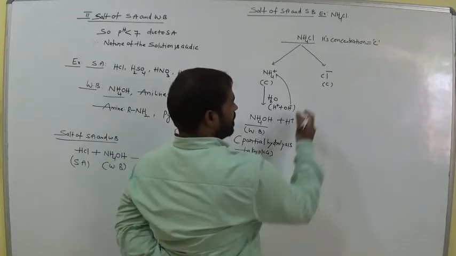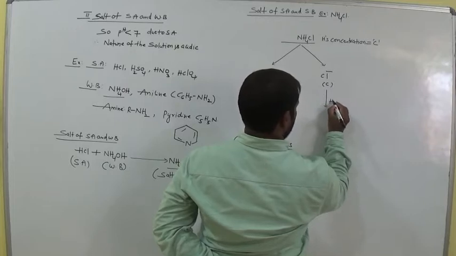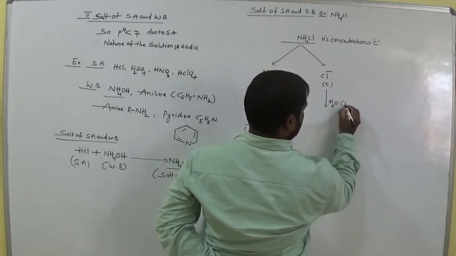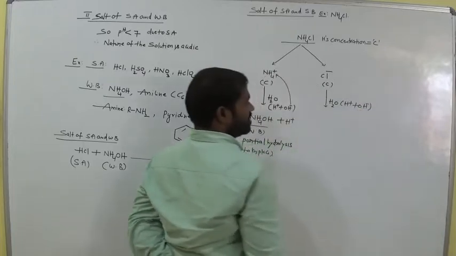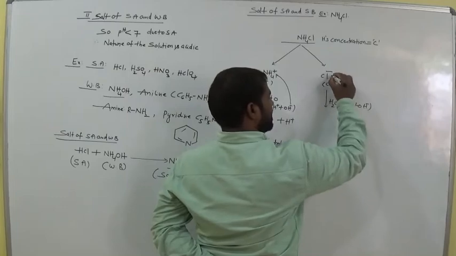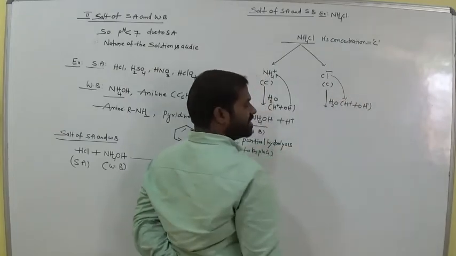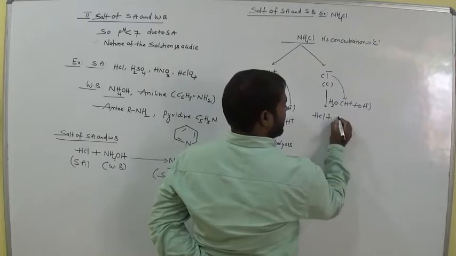Let's come to this one. Suppose it undergoes hydrolysis. Now what are the ions? H plus and OH minus, am I right? Now this is the negative, it moves towards positive always. Now what is the expected product? HCl and the remaining one is OH minus.